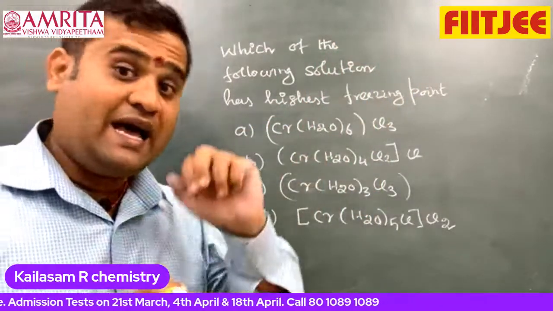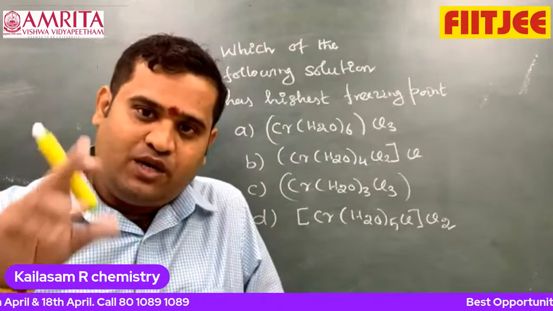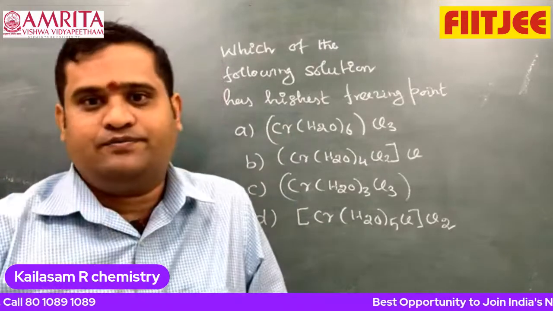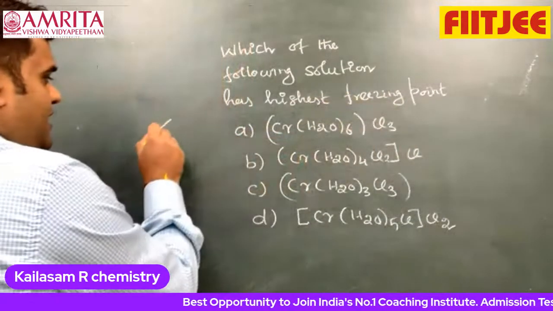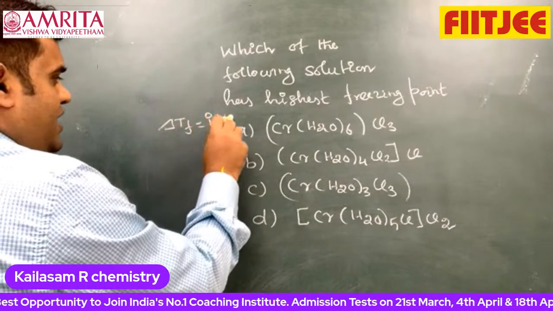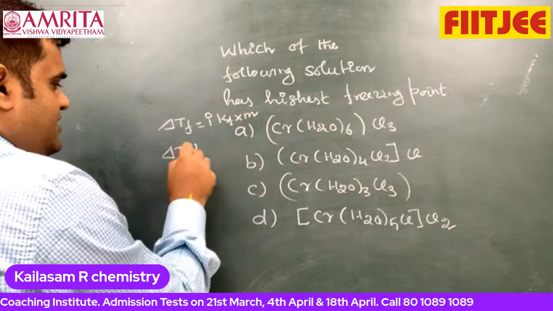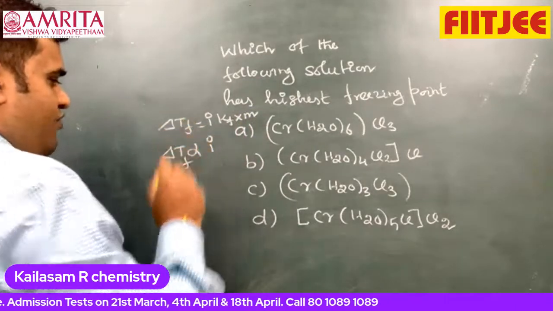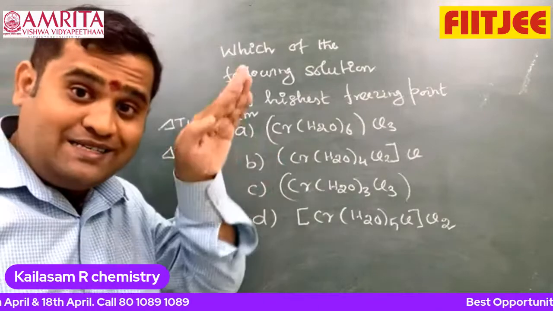So which of the following has the highest freezing point? Generally, highest freezing point means what? Please keep it in your mind, i must be low. Because we know that ΔTf = i Kf m. That means ΔTf is directly proportional to i, which means that whenever i is more, the freezing point is less.